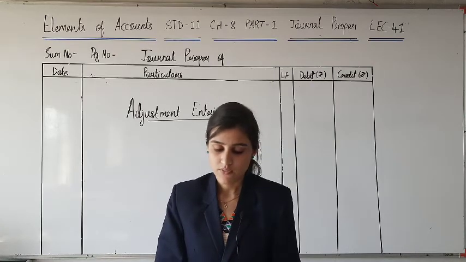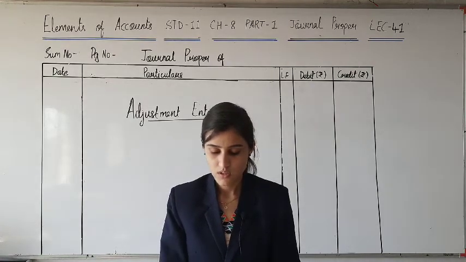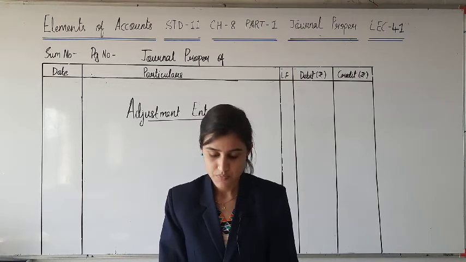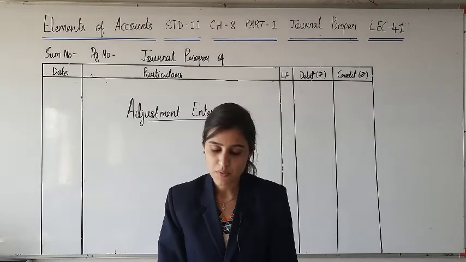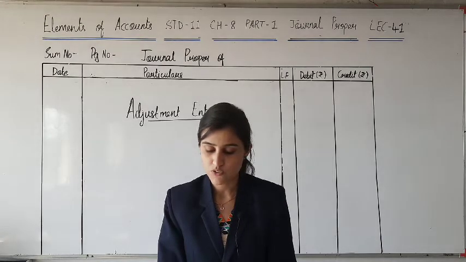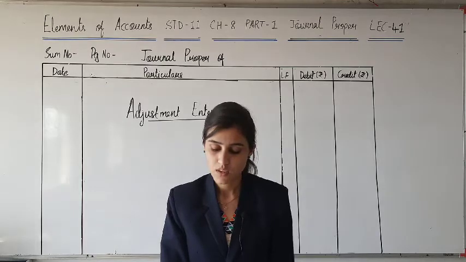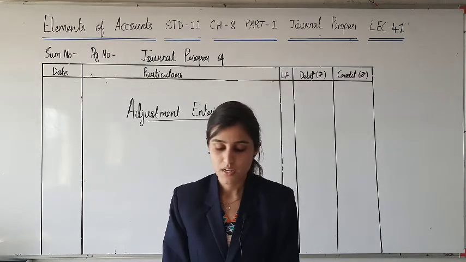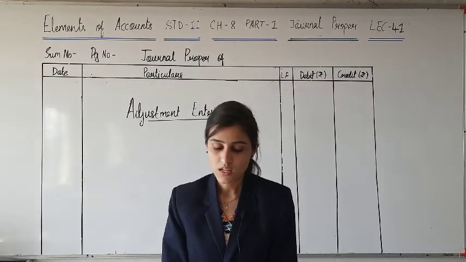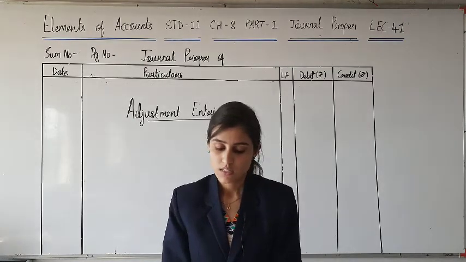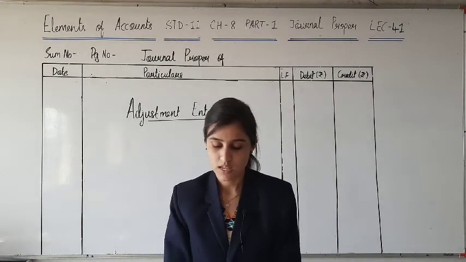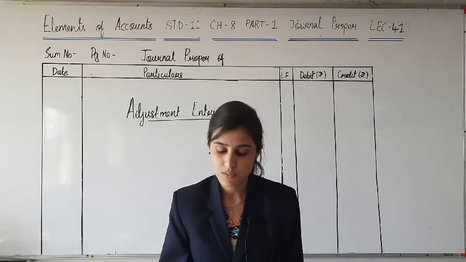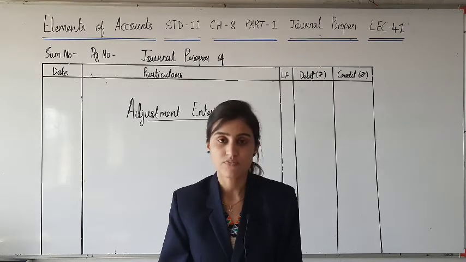At the end of every accounting year, entries are to be passed for certain adjustments, so that the true performance and the true financial position of business can be known. Example, closing stock, unpaid expenses, incomes not received, depreciation, etc. A detailed explanation of such adjustment entries is given in the chapter on final accounts.